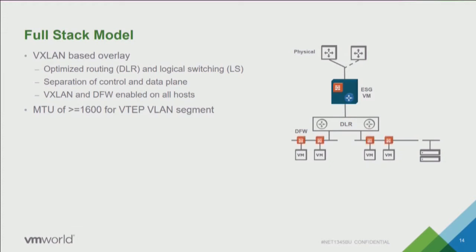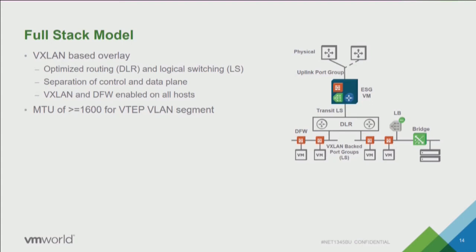So this is the full stack model. Right? So what you see here is a VXLAN based overlay. That's what we create in virtual space for you, so it's not dependent on any hardware. Right? So all you need is just the ESG that will pair with your physical infrastructure, with your router through OSPF or BGP, or it could be a static route. You will learn the routes and you will just send the routes out to them.